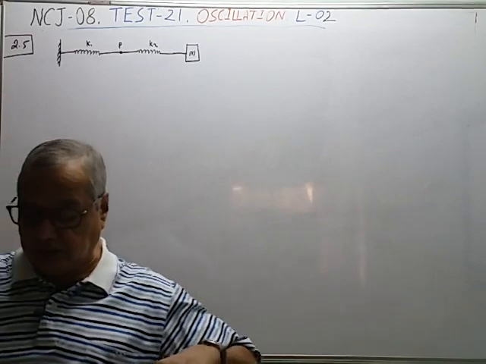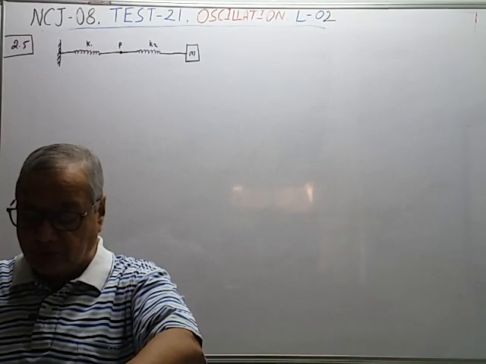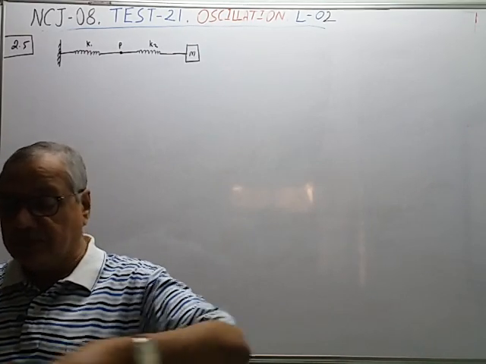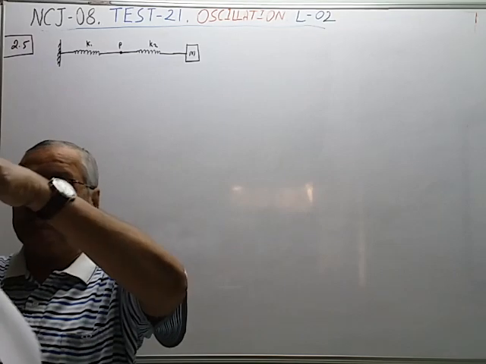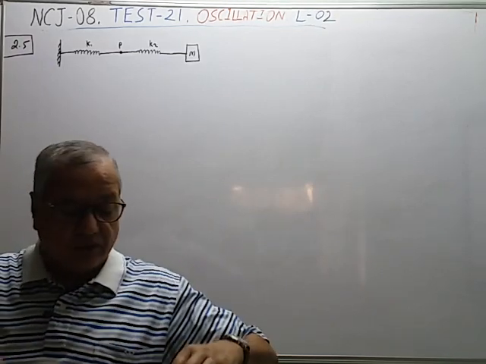So this mass M has total amplitude A, and we have to find amplitude of this point P. Point P means it is the amplitude of spring number 1.